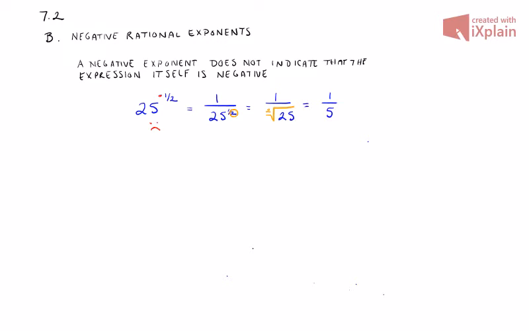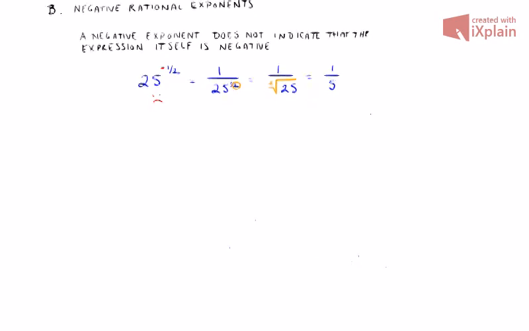So let's go ahead and do a little bit more of a complex example. We're going to work with 16 raised to the negative 1/2 times p raised to the 2/3 times w raised to the negative 3/5. And what I would say is take this piece by piece.